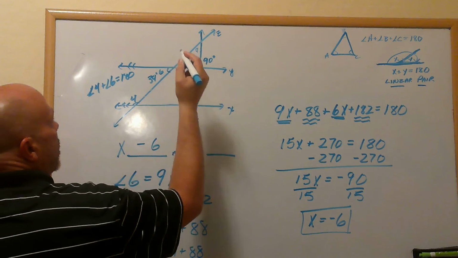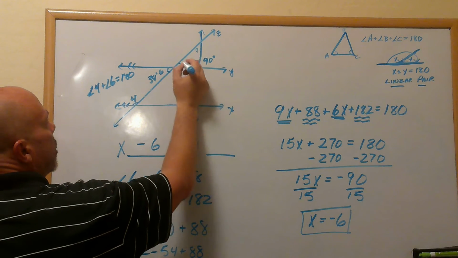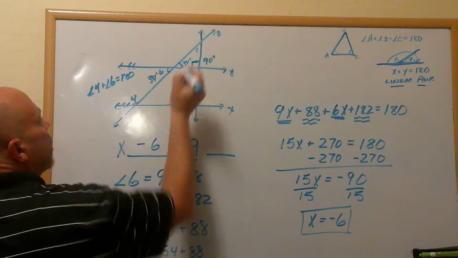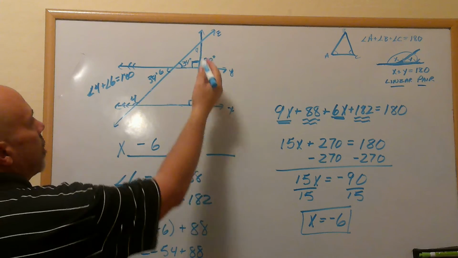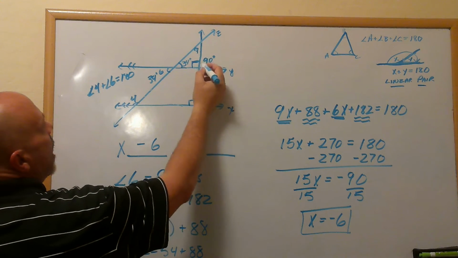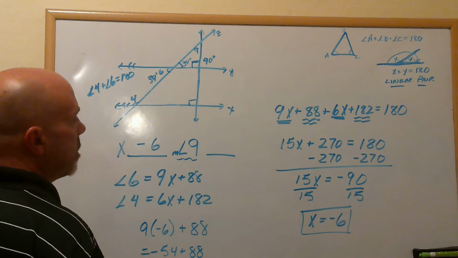Vertical angles, as we know, are congruent, which means that if angle 6 is 34 degrees, then this angle here is also 34 degrees. So in order to solve for angle 9, which is this one up here on top, I just have to add this 90 degrees and that 34 degrees.